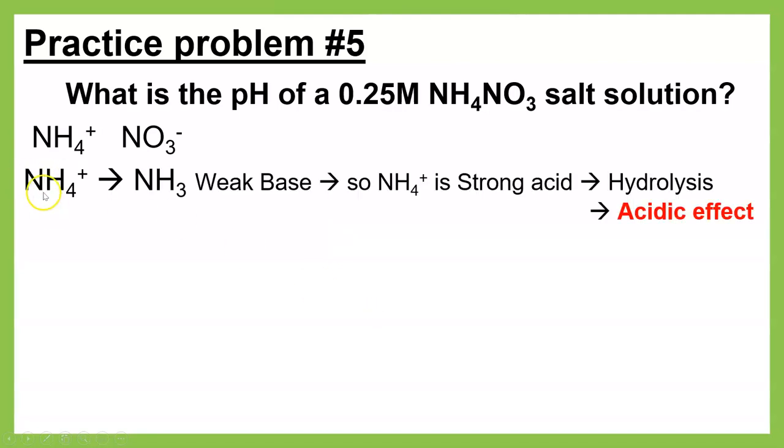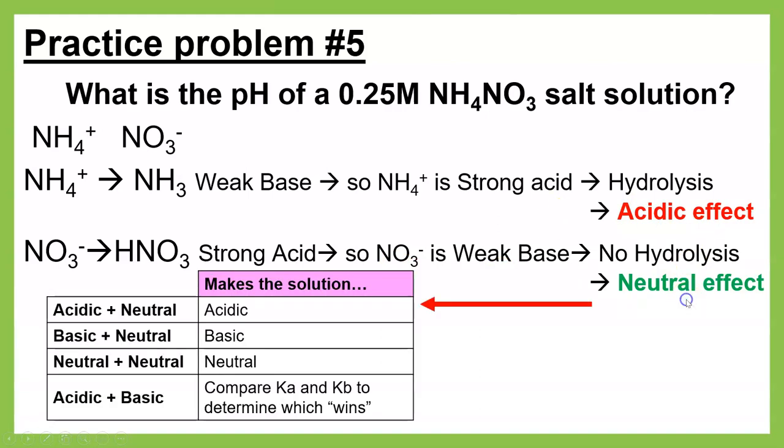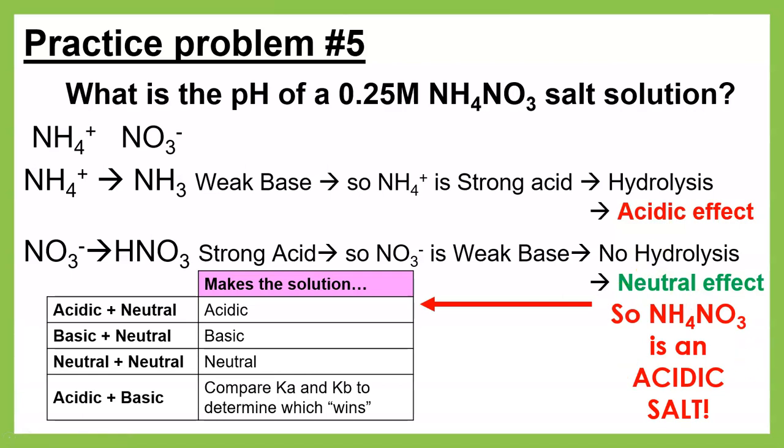I recognize that ammonium came from a weak base, which means it is an acid. It will hydrolyze with an acidic effect. Nitrate came from a strong acid, which means the ion itself here is weak. No hydrolysis, neutral effect, which means that this is an acidic salt.